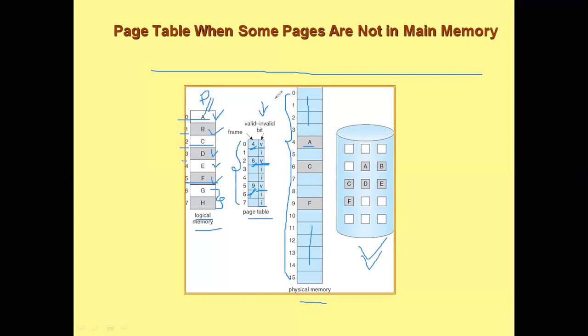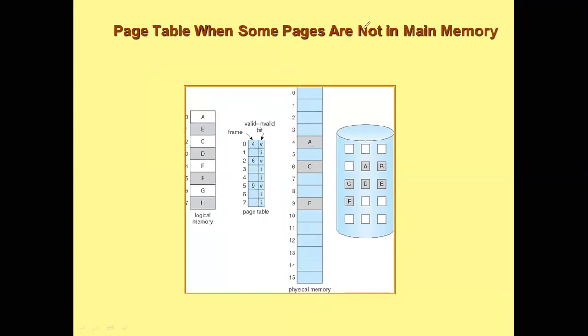So this is how we represent the valid and invalid bit. The valid bit is set if the pages are present in the physical memory as well as in the disk. It is set to valid if they are present in main memory. They will be set to invalid if they are not found in the main memory.